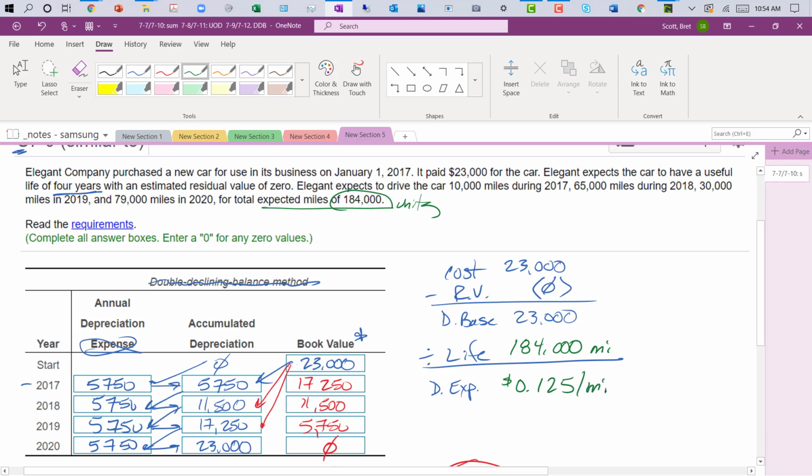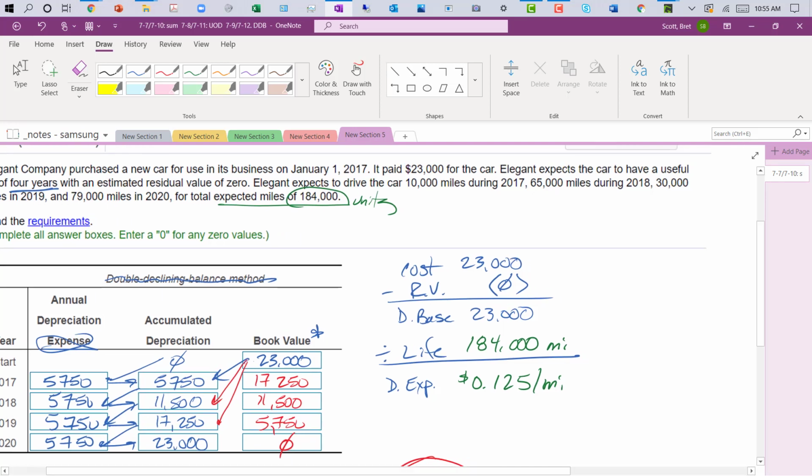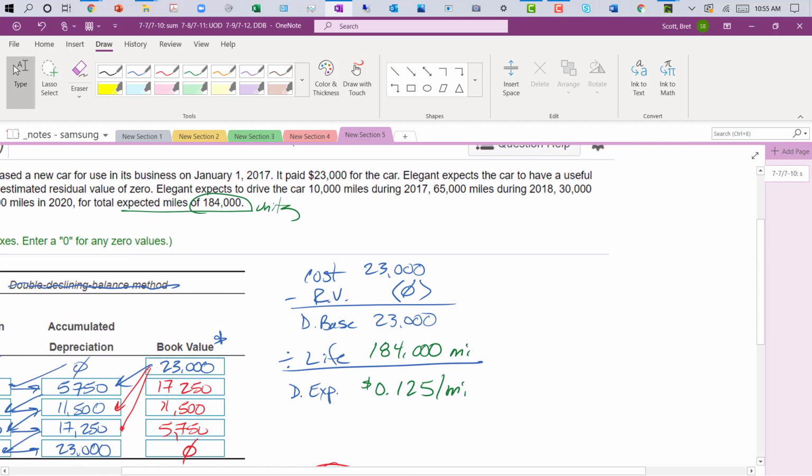Now that I know that, I can go through and say, well, okay, how much depreciation for 2017? So during 2017, let's see, it was 10,000 miles in 2017. So take this, multiply it by 10,000 equals 1,250. By the way, if you're ever multiplying with decimals or multiples of thousands, here's a little trick.